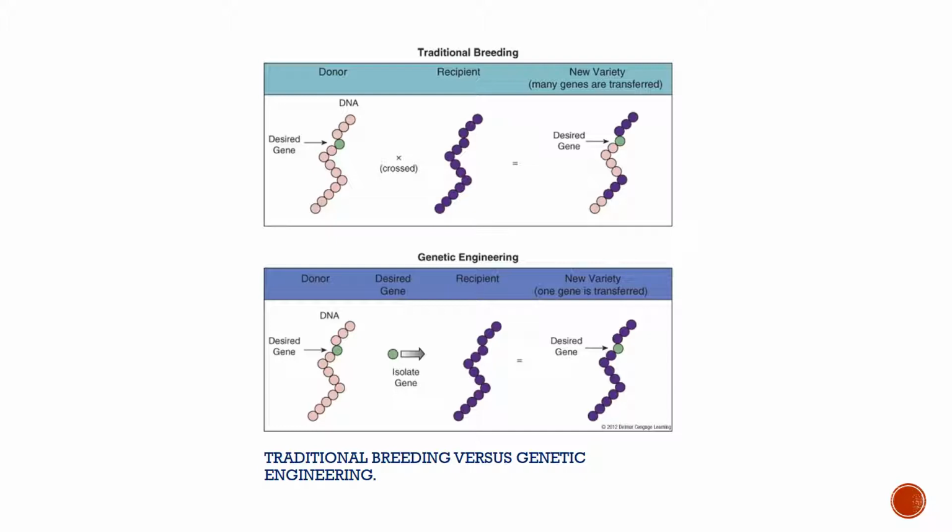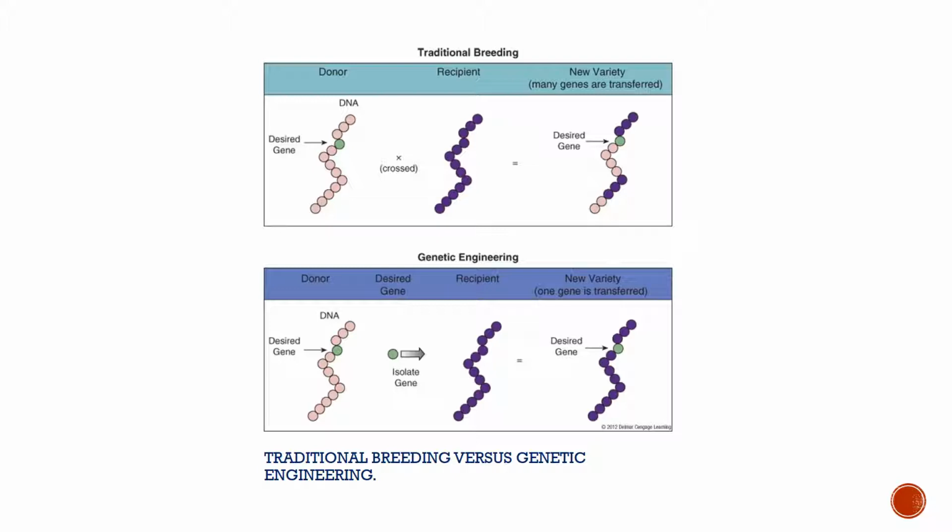So here's that graph that I was telling you about. If you look at the top there, the traditional breeding, we're looking at the donor, the recipient, and then the new variety. So here's my donor on the left, far left top. If my desired gene is that green spot, I'm going to cross it with the recipient. I'm then going to get that desired gene, but then I'm also going to get a lot more genes with it that maybe I want, maybe I don't want.